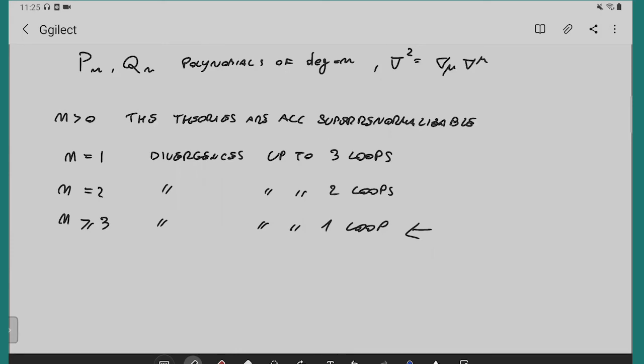For example, terms which are cubic in the curvatures. So you can add something like this, which has this form. Sorry, cube.